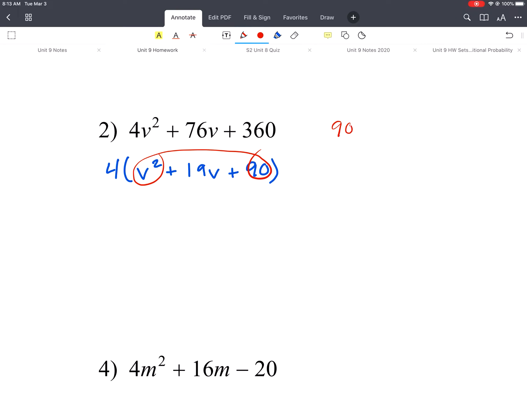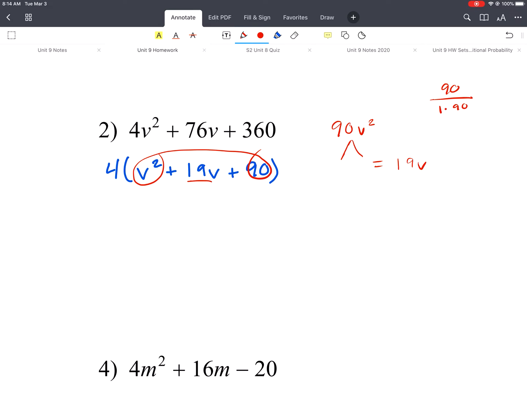That gives you 90 v squared. And find two things that multiply to give you that and add to give us the middle term, the 19v. Okay? You can come up with factor pairs. Okay, I think I already have an idea of what I would use, but I'll go through the process of coming up with the factor pairs. So we'd do 90 divided by 1, that gives you 90.